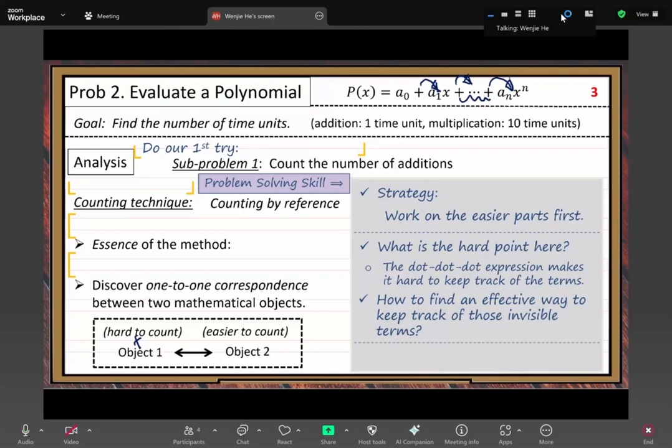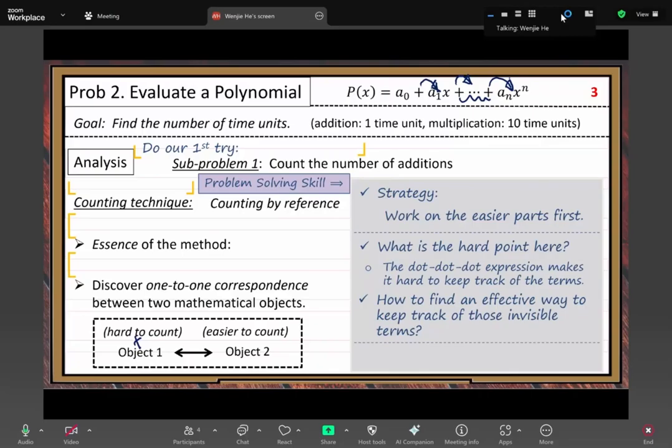Is that one-to-one correspondence? Yes. Then, when we do the counting, if you count the number of plus signs directly, it is hard to keep track. But now you switch and count different objects.